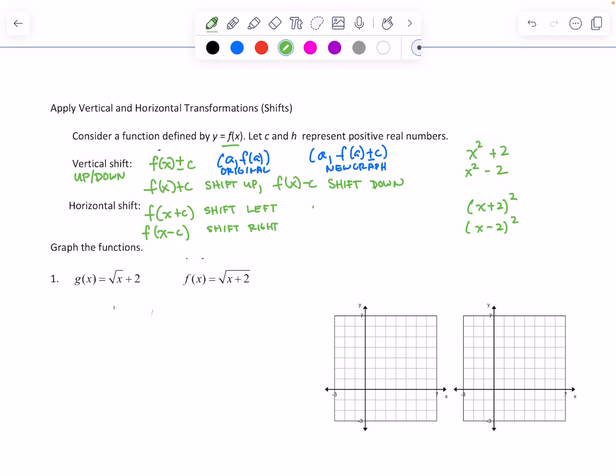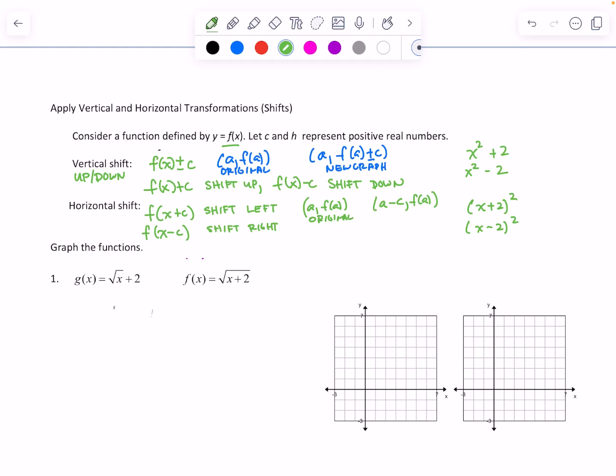So if the point a, f of a, is on our original graph, then if we're shifting left, the point a minus c, f of a, is going to be on our new graph if we have a plus in the middle.